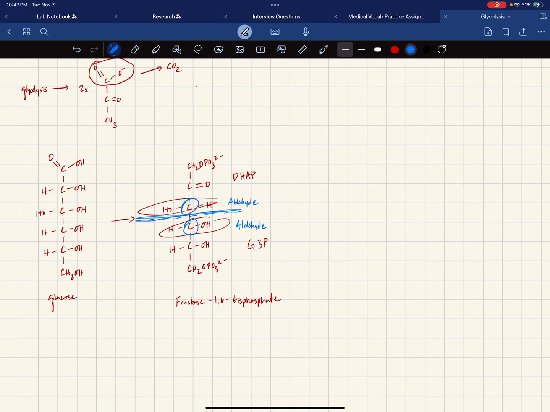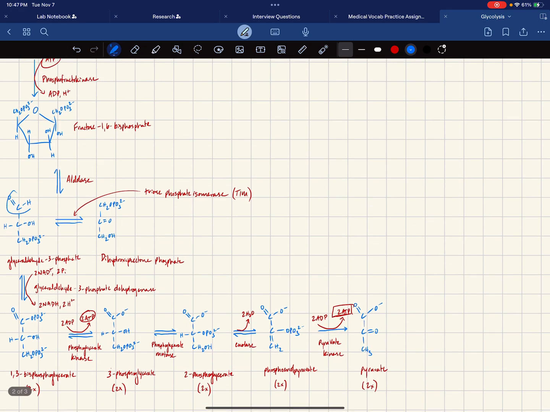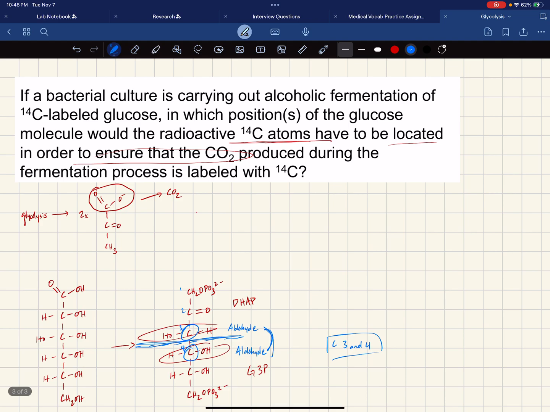And so if you count these carbons, because they're the aldehydes, they will go through, as the aldehyde, from here all the way down the pathway. And so you know that since these two are going to be your aldehydes, this is carbon 1, 2, 3, 4. So carbon 3 and 4 are the ones that, if you label those, you'll have them in the carbon dioxide produced.